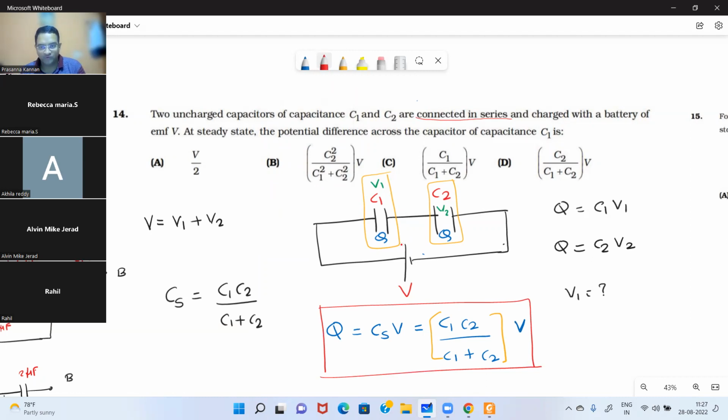Now we want to find out V1, let us say. What is V1? V1 is nothing but the charge on the capacitor divided by its capacitance. What is the charge on the capacitor? It's going to be Q itself divided by C1, because we know Q is equal to C1 V1. So V1 will be equal to Q divided by C1. And Q we already found. What is Q?